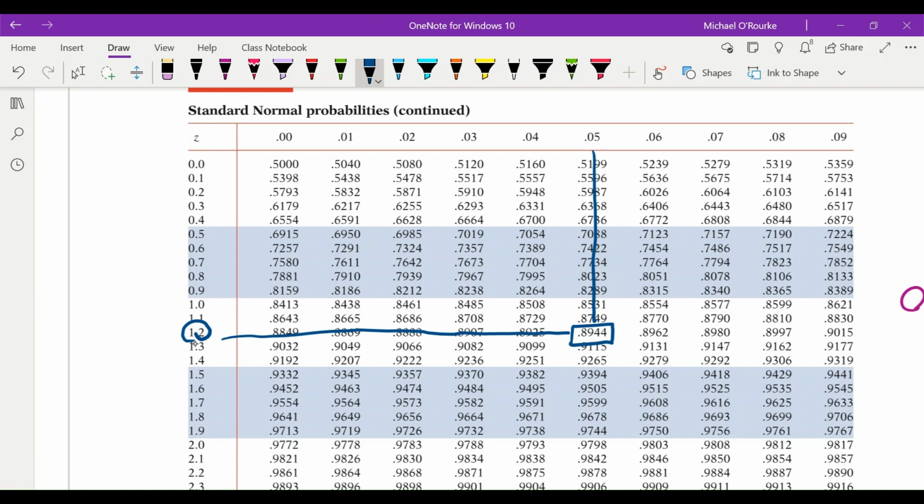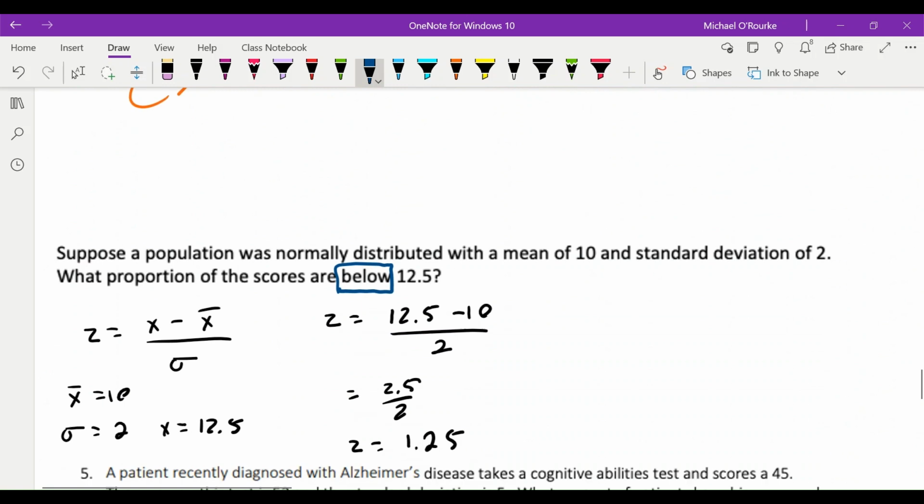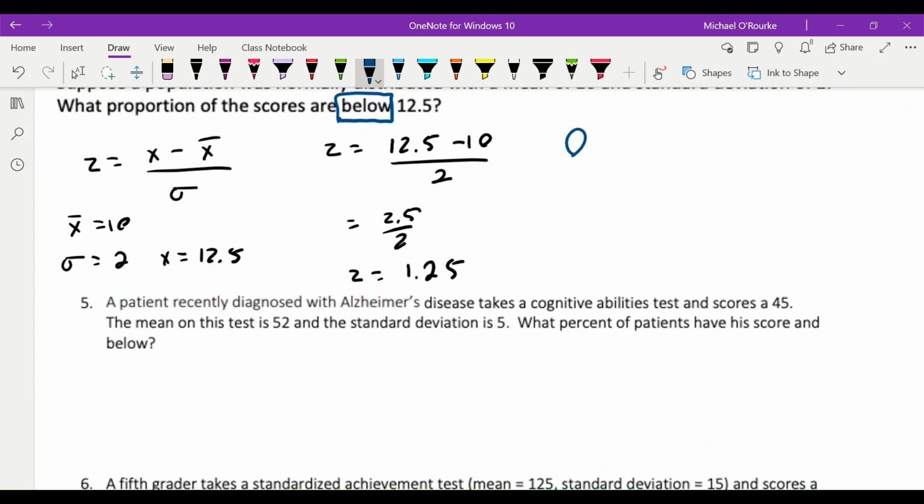So I go to 1.2, and then I find my second decimal place here, 0.8944. If I want it as a percentage, times by 100. So 89.44%.